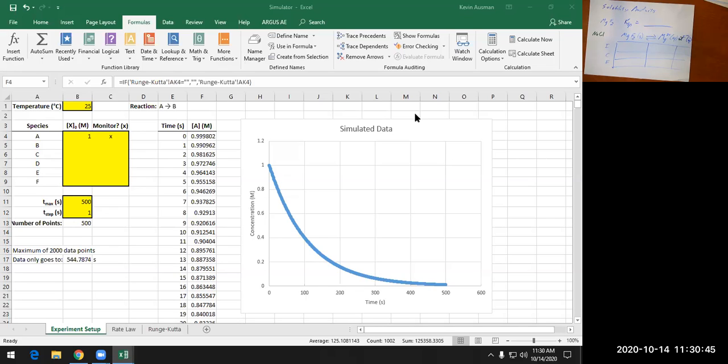One of the things you could do, once you get used to taking the data and analyzing it and extracting a rate constant, is find a partner, a friend, and have them set up the rate law for you. And then you do one for them, exchange spreadsheets, don't look at the rate law page, and then see if you can solve their puzzle and figure out the rate law that they came up with.